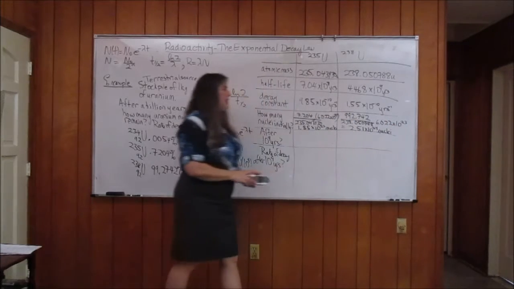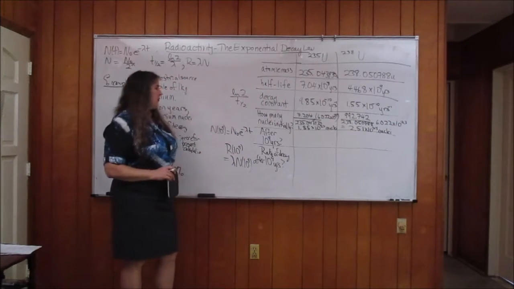So there are 2.51 times 10 to the 24th nuclei of U238 initially.